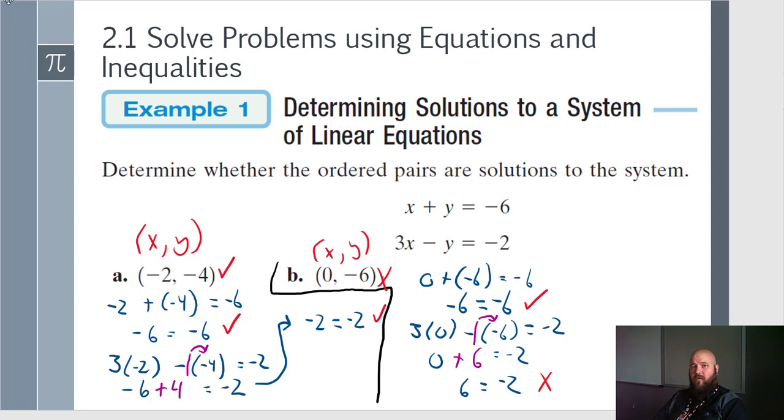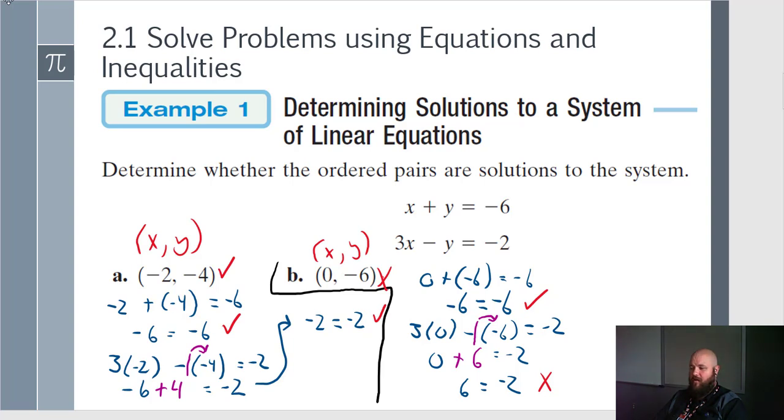Now, let's say we did the bottom equation first, the 3x minus y equals -2. If we did that equation first for part B and found out it did not work, there is no reason to do the other equation, because for the point to work, all equations have to work out. So if one of them doesn't work out, then you don't have to do the other equations.